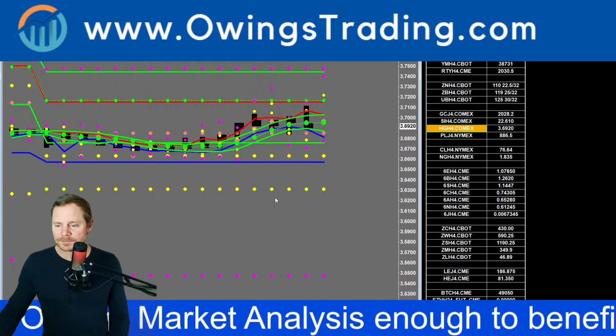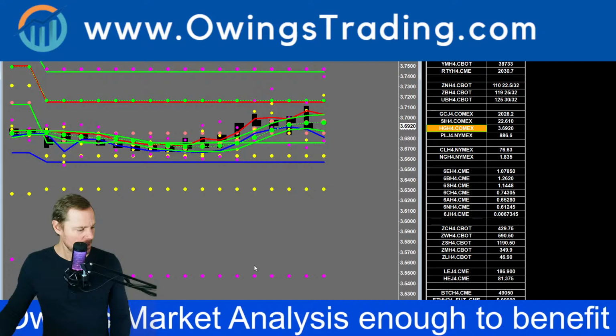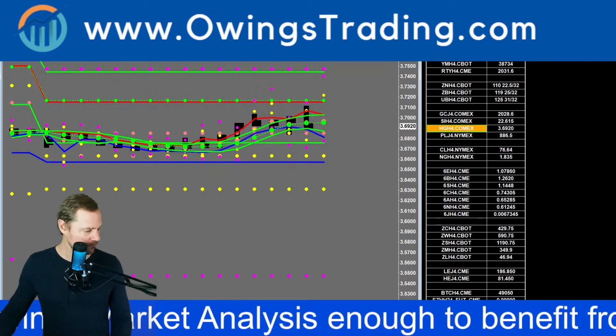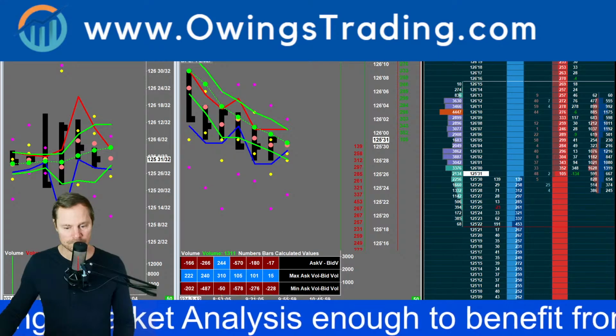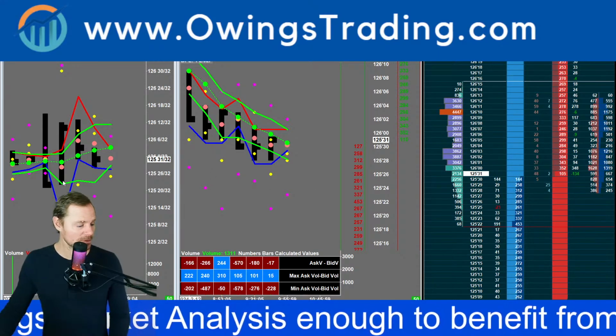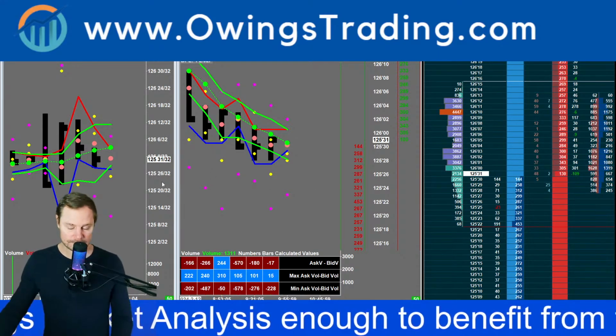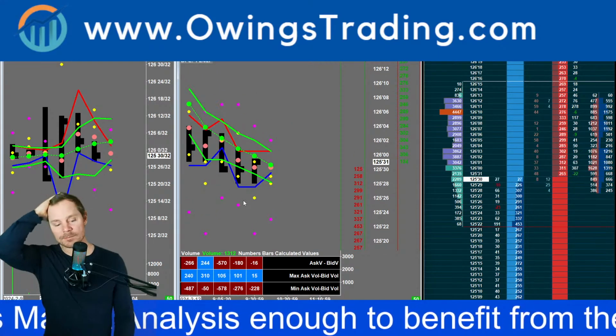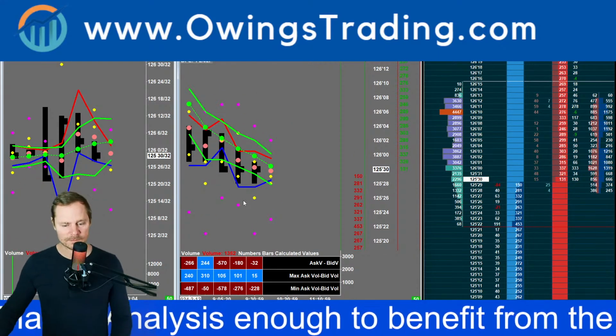I still think bonds are going to be, the way gold and silver are looking, I think bonds are going to head back to their lows.